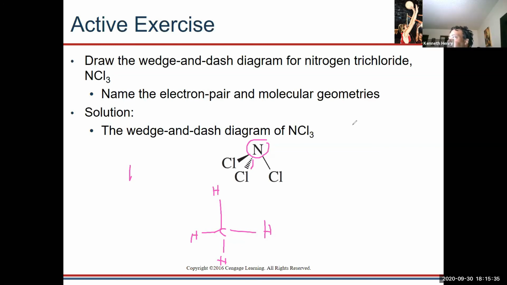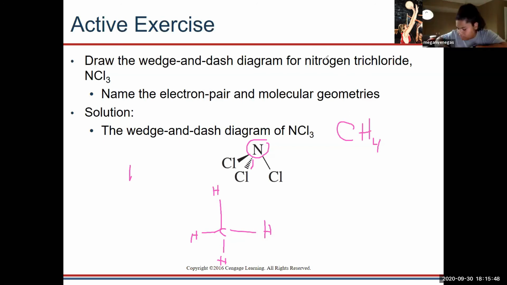So, draw methane on your paper. Everybody has a figure?